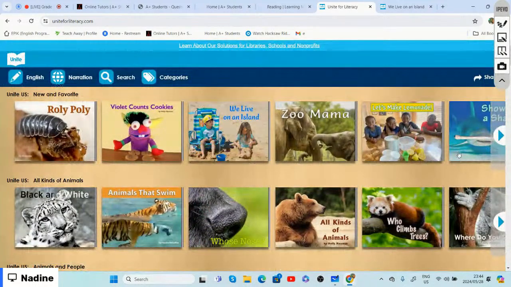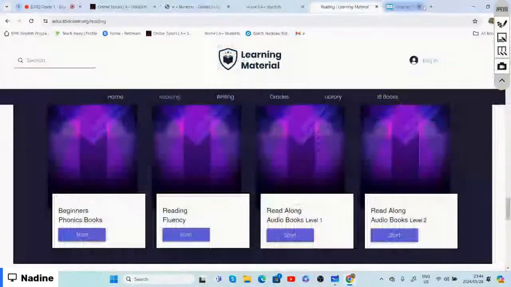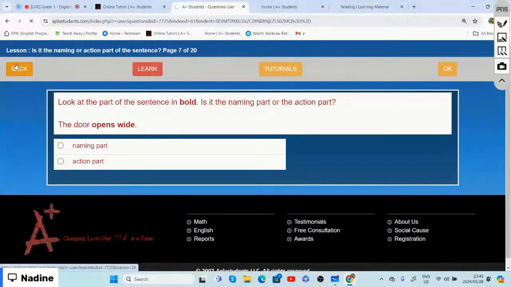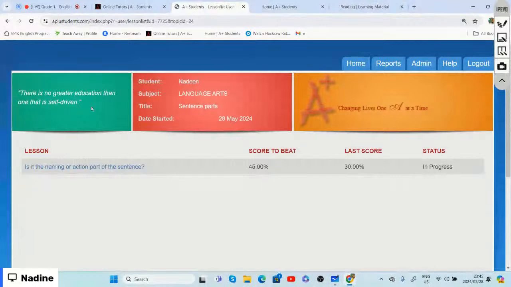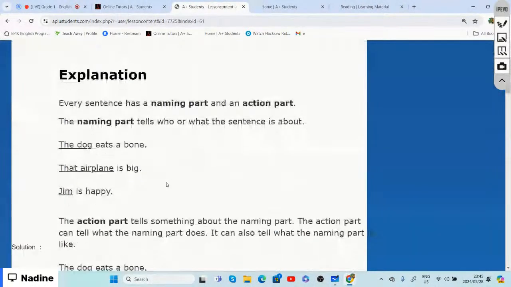All right, so we were still talking about naming parts as well as action parts. We said within a naming part of a sentence, it tells us either who or what the sentence is about. It can be about a person, a place, an animal, or a thing. And then we have an action part, right?